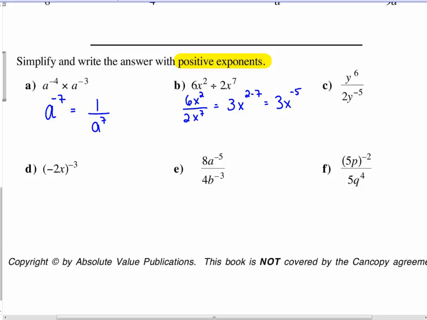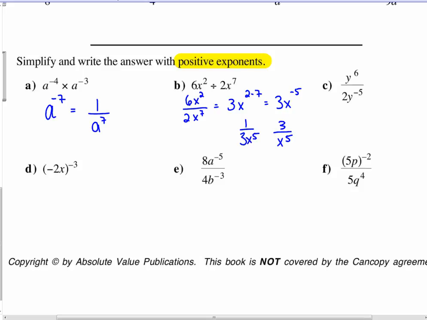Now this is my favorite part. There's one of two options. The answer is going to be either this or this. Which one? Let's discuss.